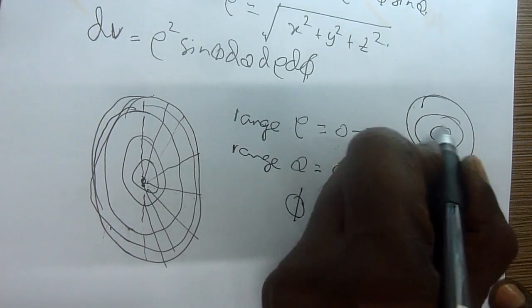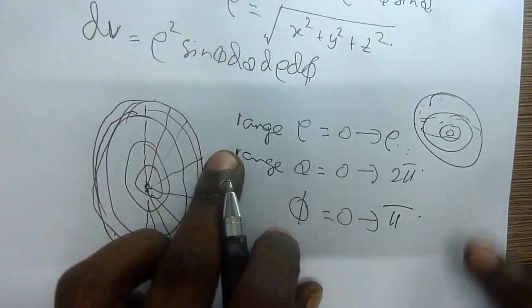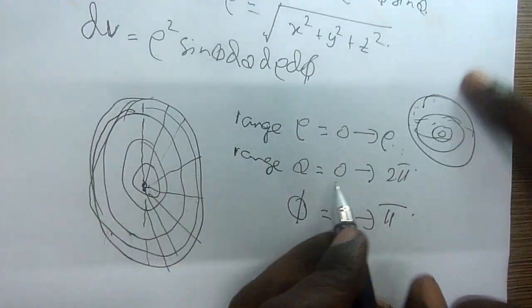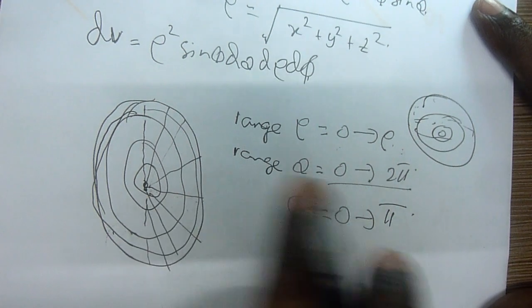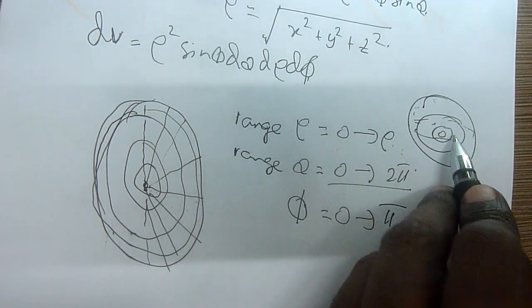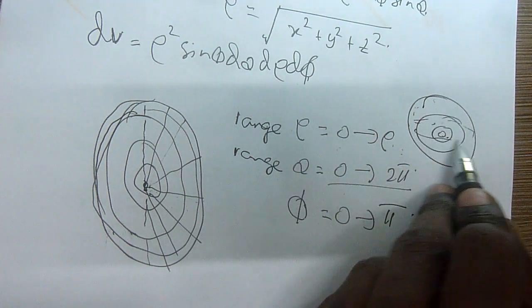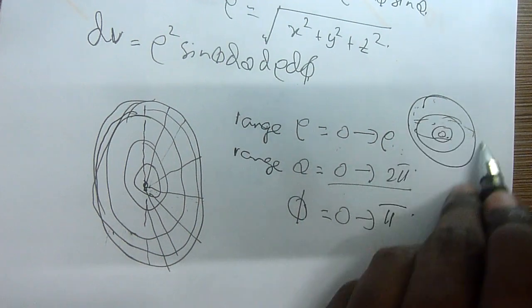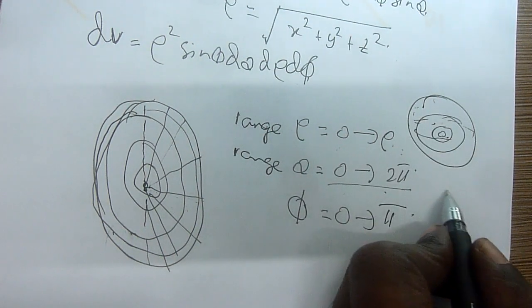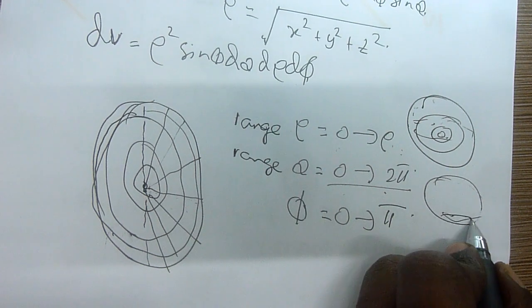Imagine like that. What about this? This one will create a different type of thing. This one is a small spherical that goes inside, and it is able to create like that. But this one is able to create this way.